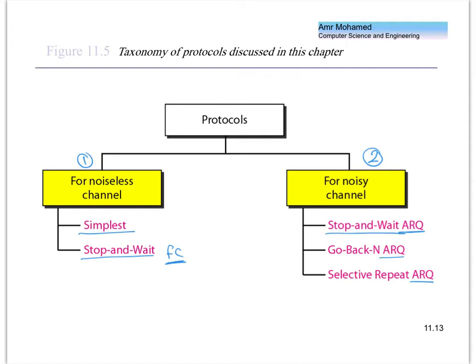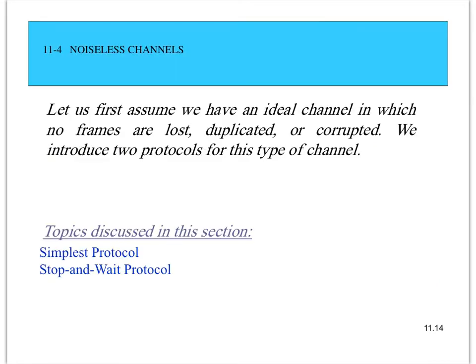You have to make sure that you receive the acknowledgement before you send another frame. As we will see, this technique is not efficient when it comes to utilizing the channel, so we need to improve the medium utilization. We will discuss the improvements using go back N and selective repeat. All of them account for errors.